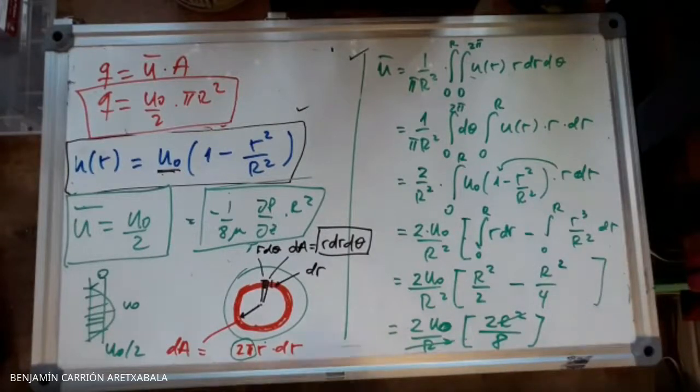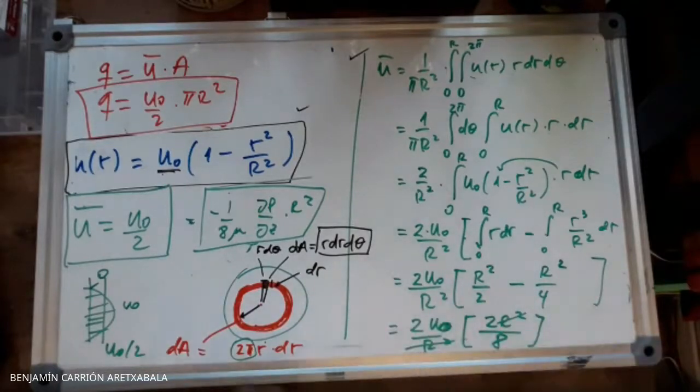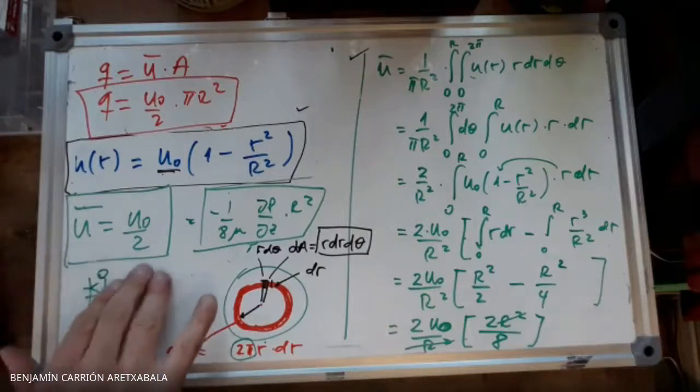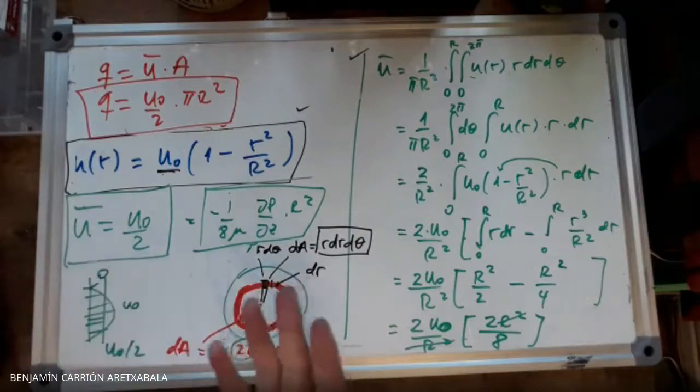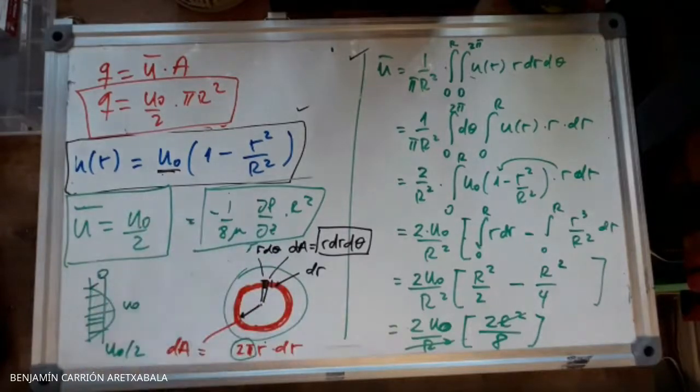So you need to keep your eyes open. I mean, this can be very confusing, but the physics should be sound. The velocity has to be a fraction of the maximum velocity. That makes sense. If you get, I don't know, 10 times u0, then it's wrong. It's clearly wrong, right? So try to do that kind of sanity checks if you can, of course.